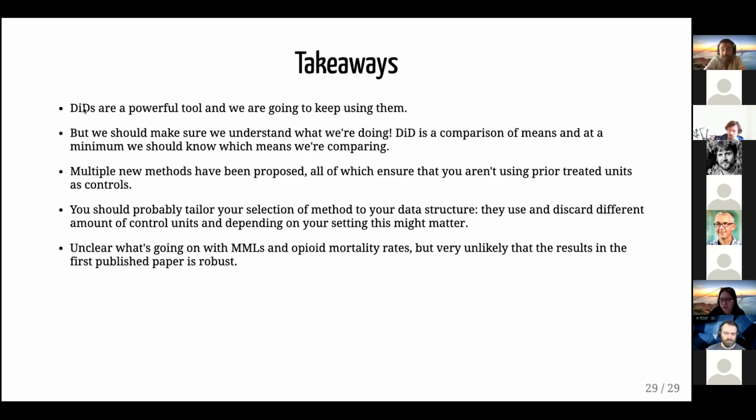I simulated data to show that if you have a pre-indicator, it's still going to capture the same issues we've been talking about, and you really need to do all of the relative time indicators, as in Pedro's method and Abraham and Sun.